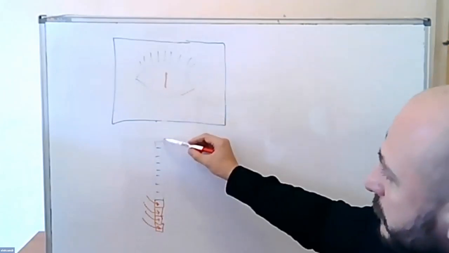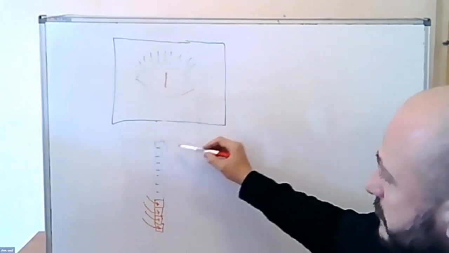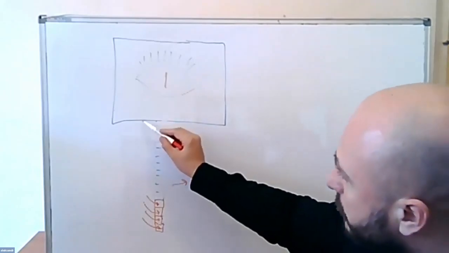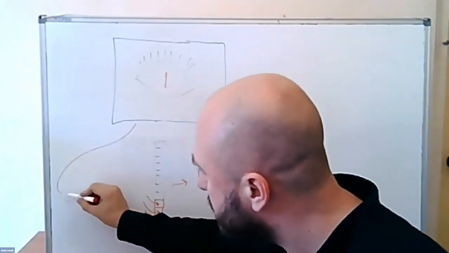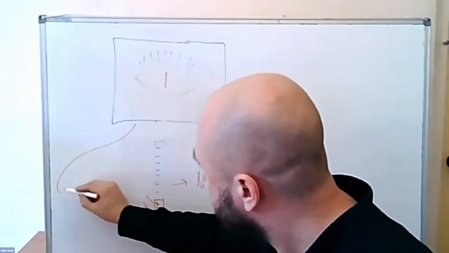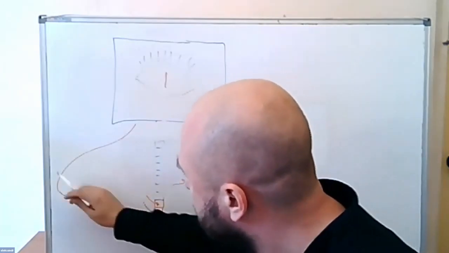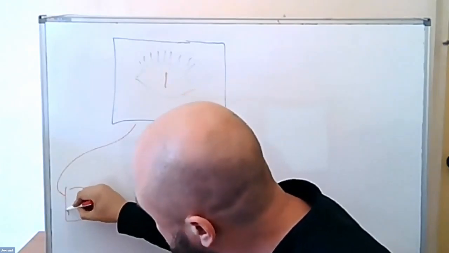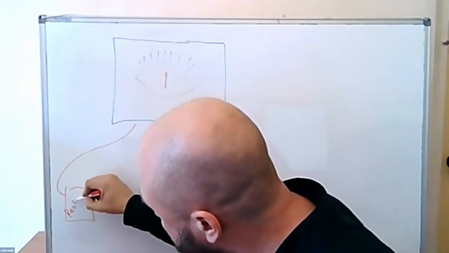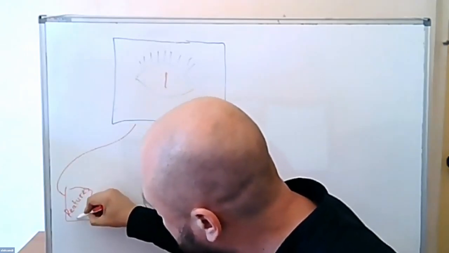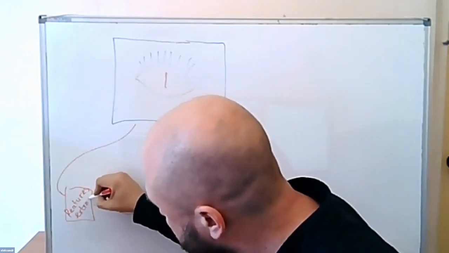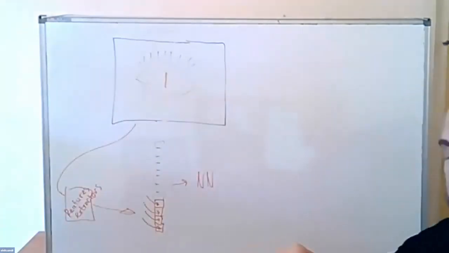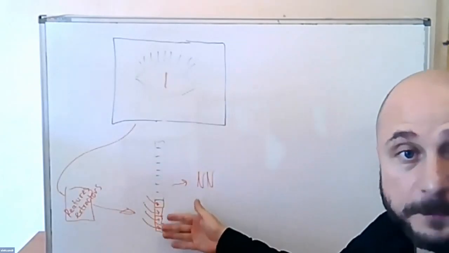So before sending this to a neural network, we also do some pre-processing on this image to dig out additional features that we think can be very informative.